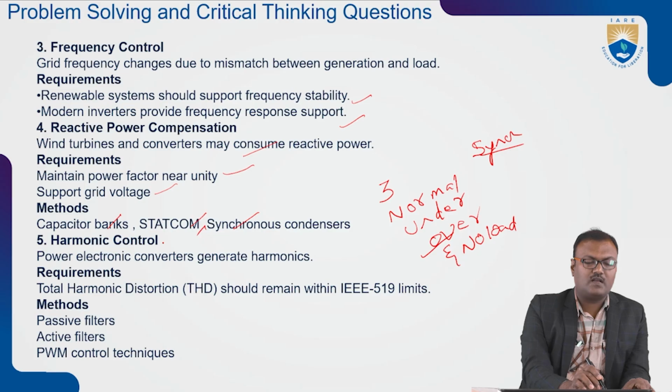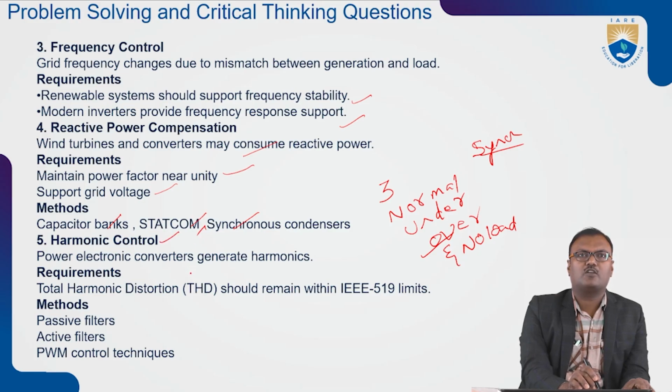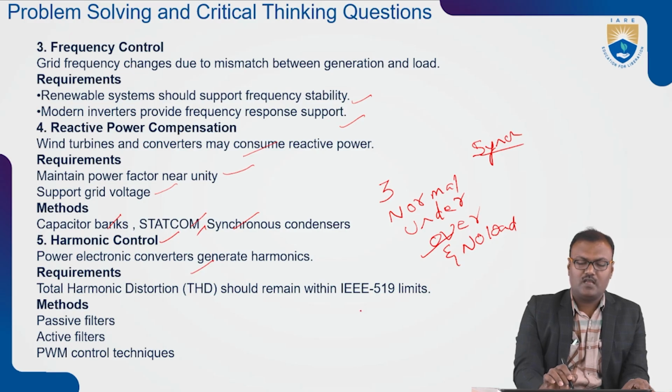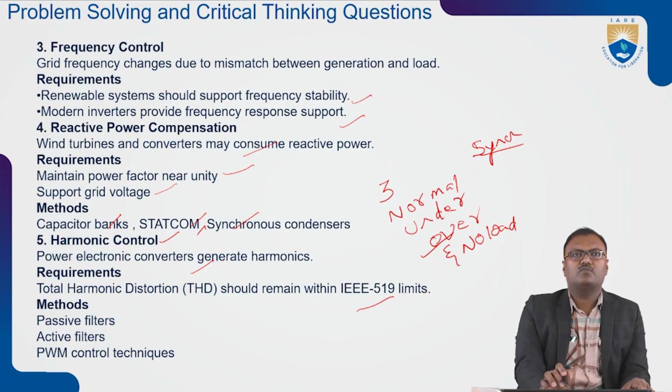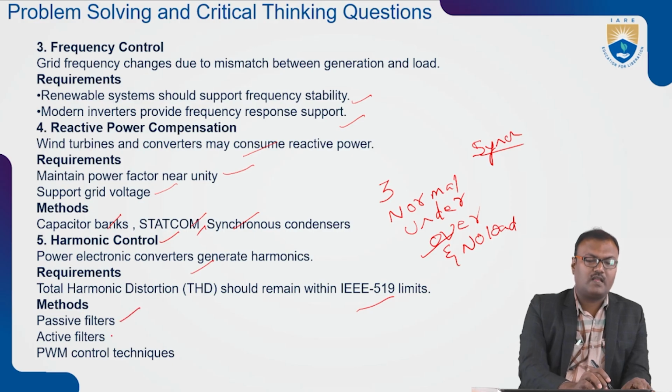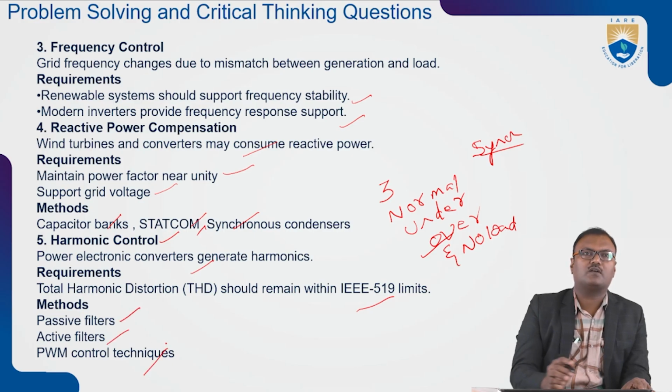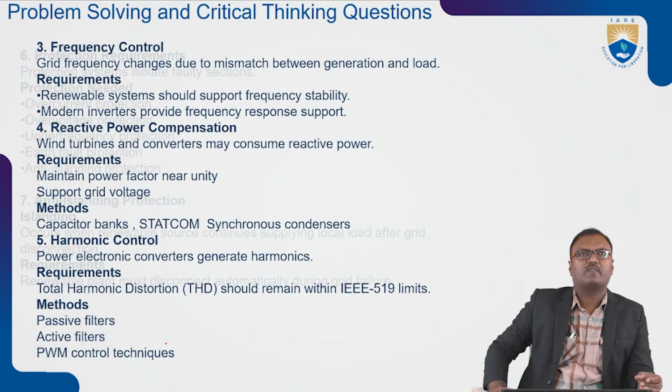And next one is harmonic control. Power electronic converters generate harmonics, and the requirement is that total harmonic distortion should remain within IEEE 519 limits. Methods to reduce harmonic distortion are passive filters, active filters, and PWM control techniques.